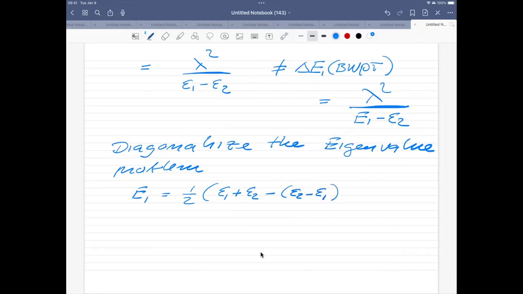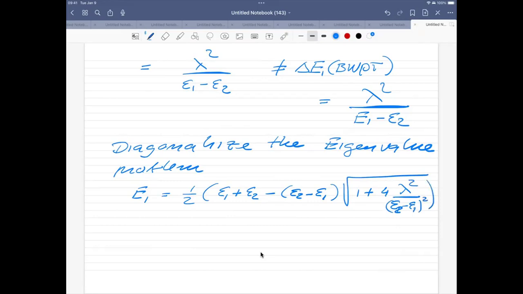And this is multiplied by the square root of 1 plus, and then I have a 4, and I have a lambda divided by epsilon 1 minus epsilon 2, sorry, minus epsilon 1. And this is squared, and this is also squared.